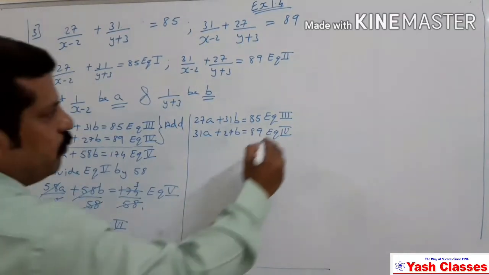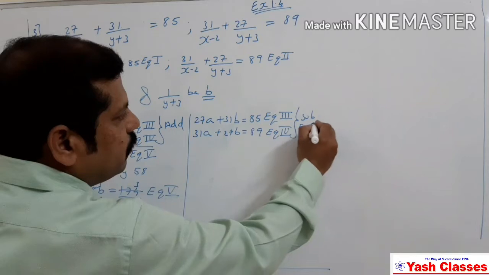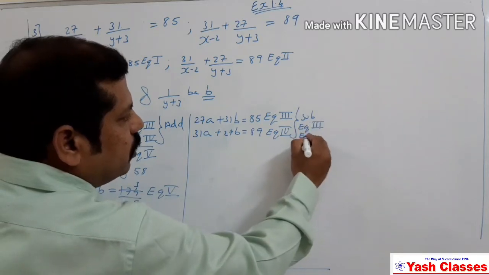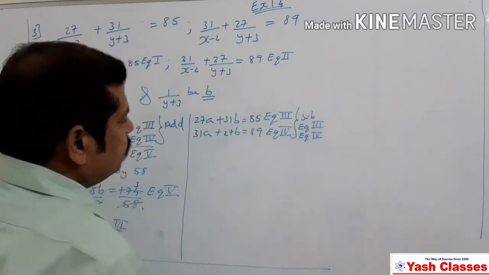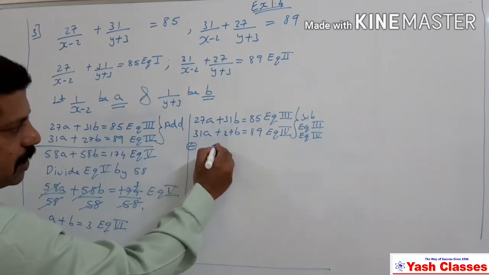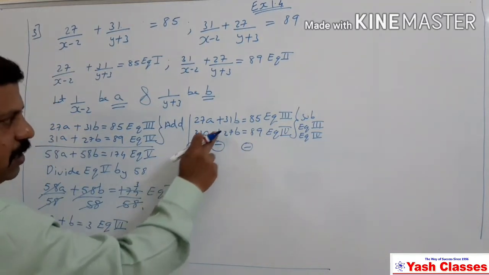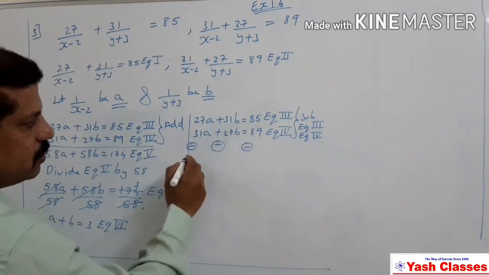Now subtract equation 3 from equation 4. In subtraction you have to change the signs. Plus becomes minus, plus becomes minus.